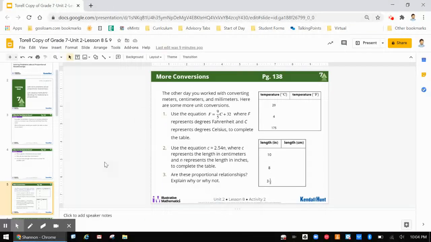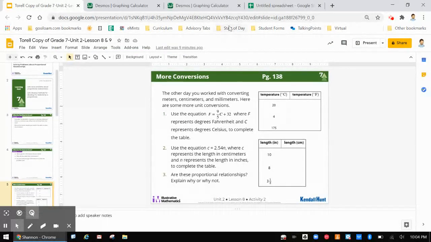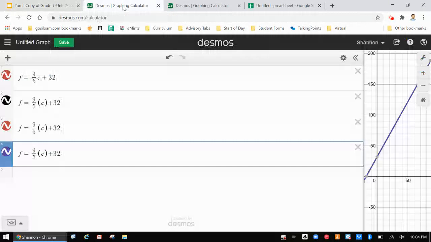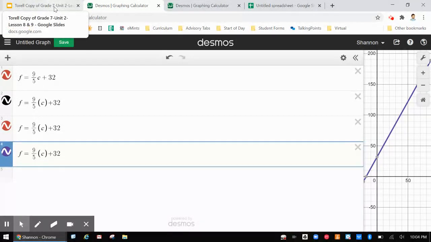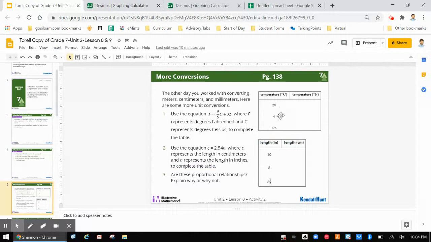To give you an idea of what that's going to look like, I created a little thing here to show that. We have our original equation, F equals 9/5 C plus 32. Then we plug in, based upon that table, everything we need. The table had 20, 4, and 175. You can use your calculator.